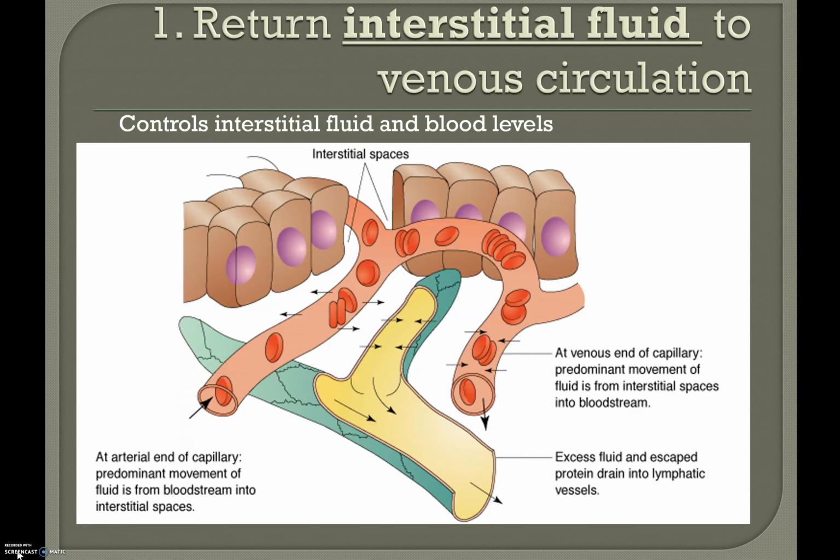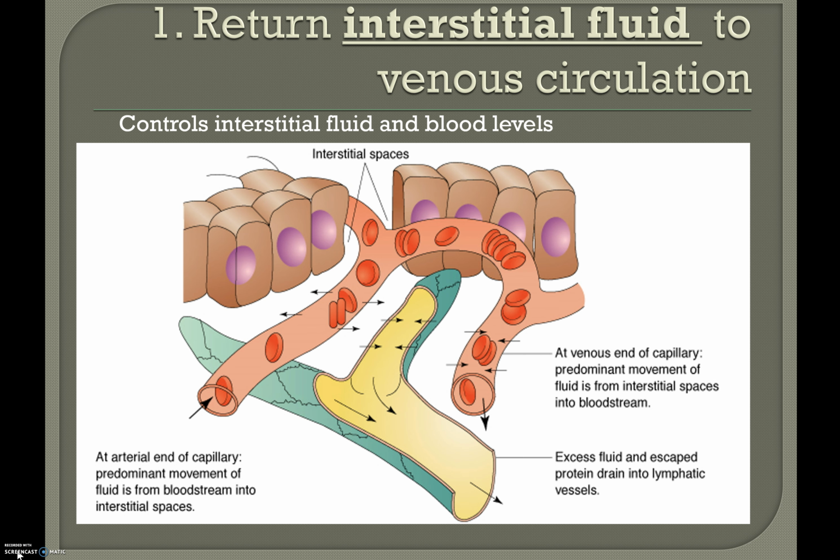In this diagram, we see an arterial end of a capillary carrying red blood cells, and when the blood pressure is too high, a lot of interstitial fluid comes out into the tissue space, and usually most of this fluid is drained back into the bloodstream.